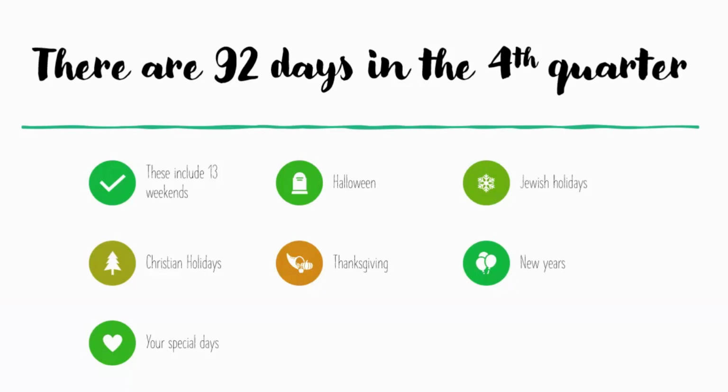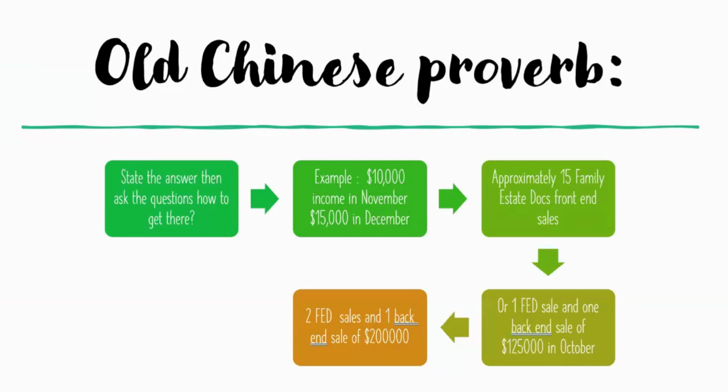But remember what I said to you a few minutes ago? The old Chinese proverb. And successful licensees know what the answer is. They know what they need to do to be successful and to make money. And if you state the answer, then ask the questions how to get there.